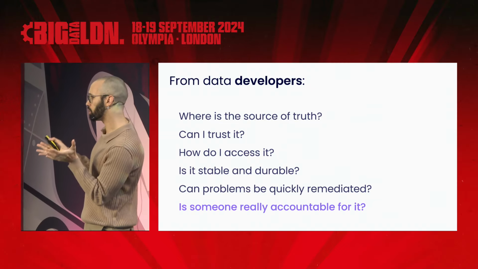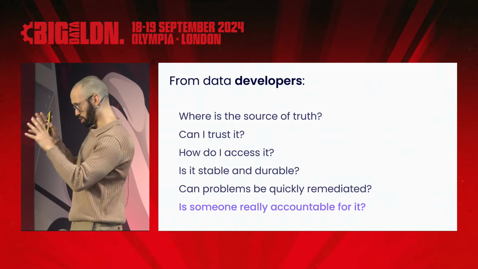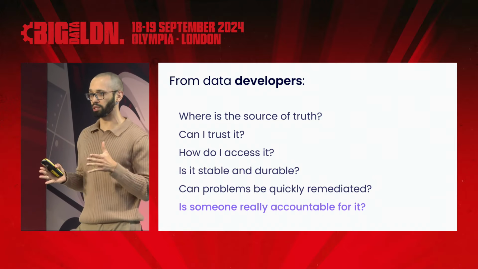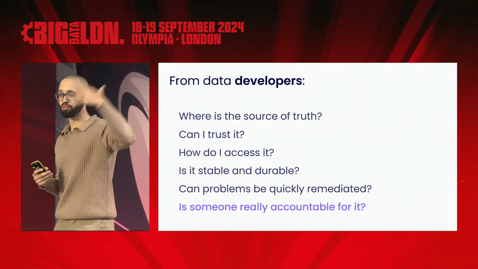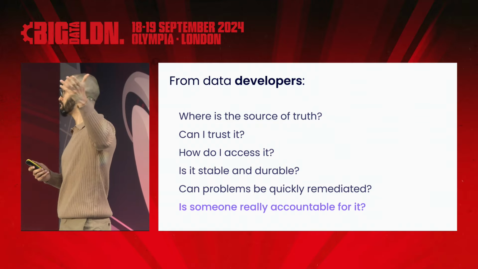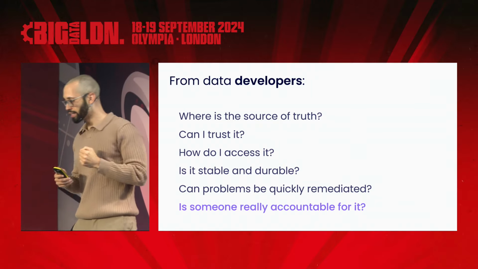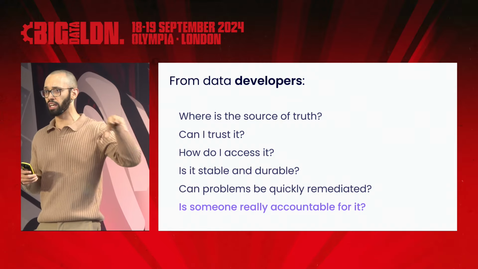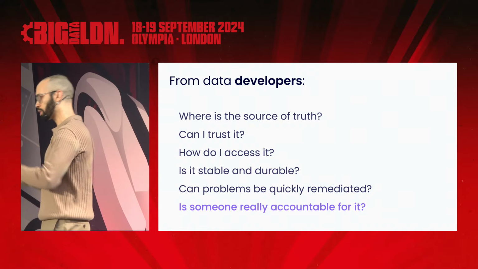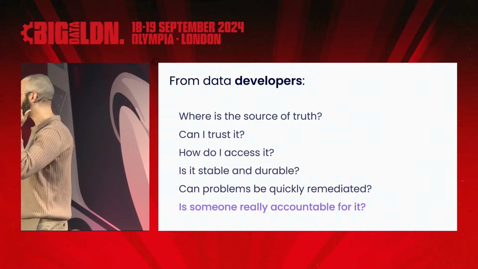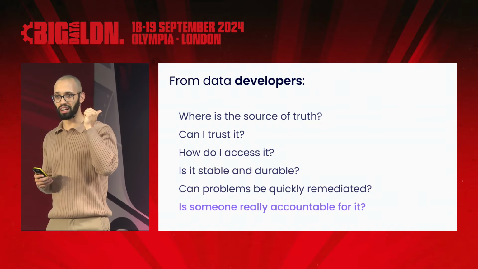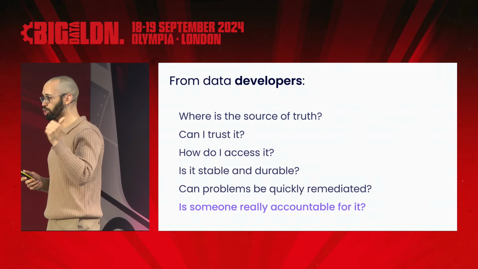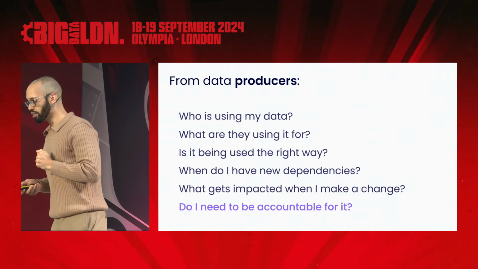Maybe what a table looks like, when I'm just checking it out and looking at the fields and the values, is different from what the producer actually intended the data to mean when they created it. Is it stable, and can problems be very quickly remediated if there is an issue? And what all this really boils down to is, is there someone who is accountable for this data and treats it like a product?